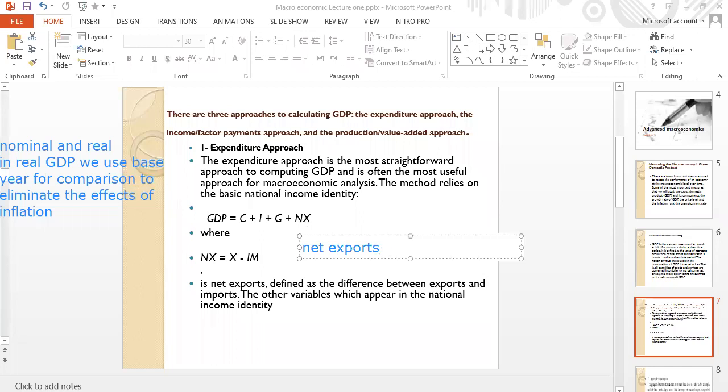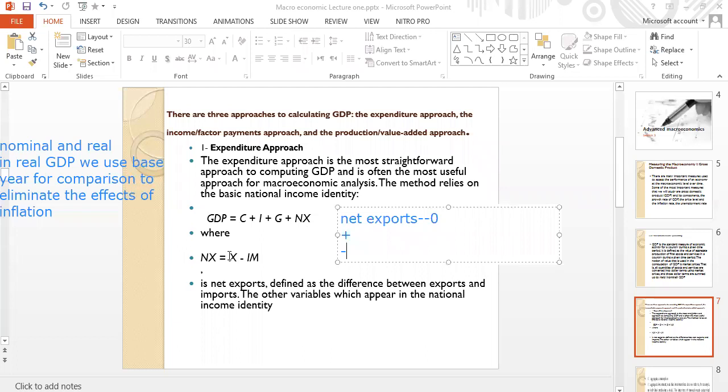Net exports can equal zero, or be positive or negative. Net exports is zero when exports are equal to imports, so we are at the equilibrium point and there is no deficit and no surplus.